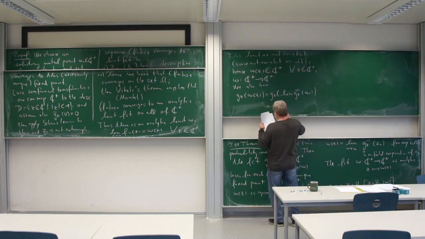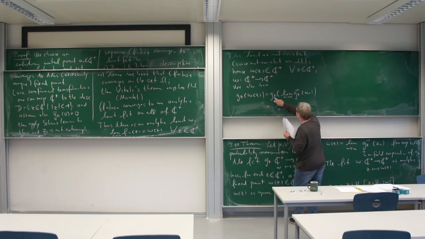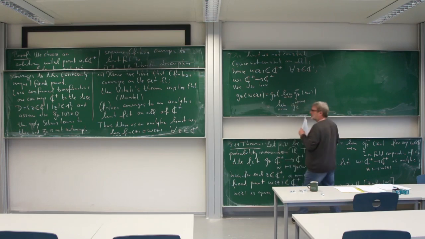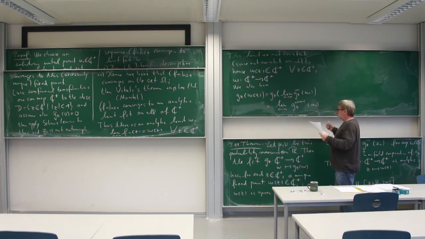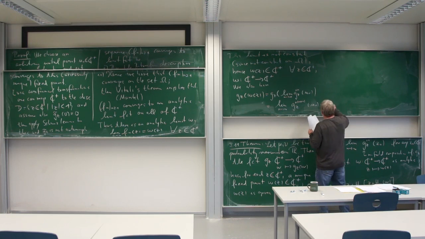So this means this is the same as the limit, n to infinity, if I'm applying gz to this here, but this just means instead of the n-fold composition, I have the n plus first fold composition. Okay, but of course, this converges again to omega of z.